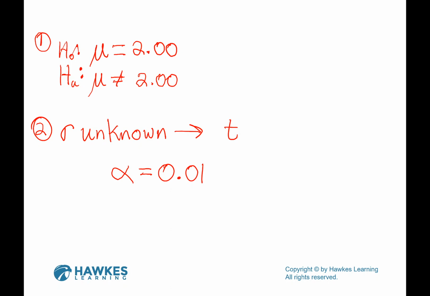When we go to plug into our formula, for mu we're going to use 2, because that's what we're assuming to be true. So in our formula, we'll have our sample mean minus 2, and then divided by s over the square root of n.